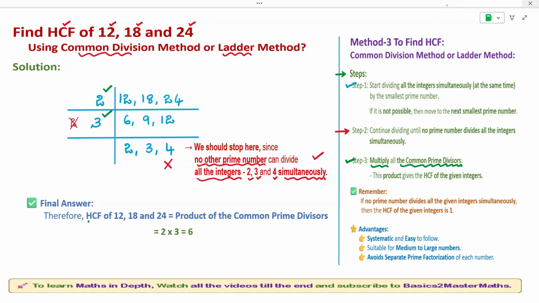Therefore, HCF of 12, 18 and 24 equals product of the common prime divisors. In this case, it is 2 multiplied by 3 gives you 6.